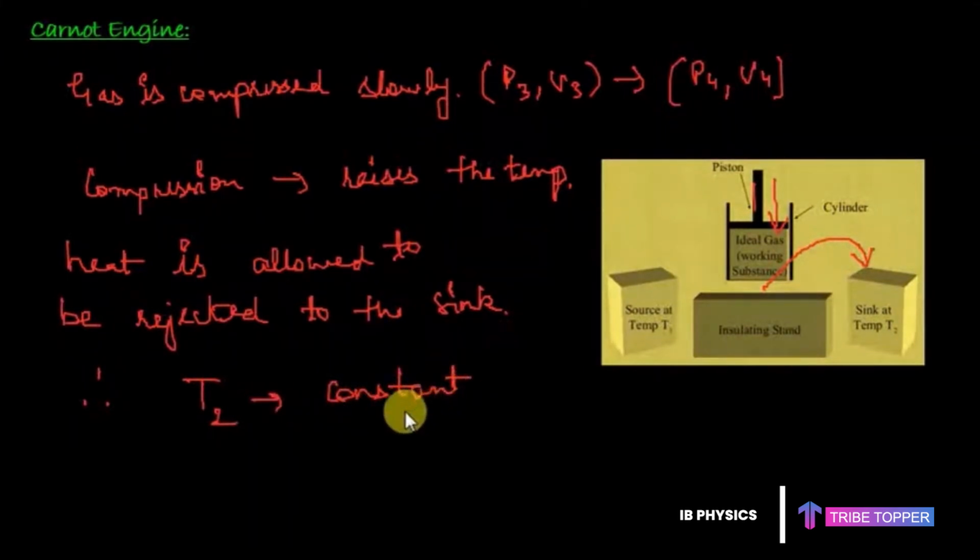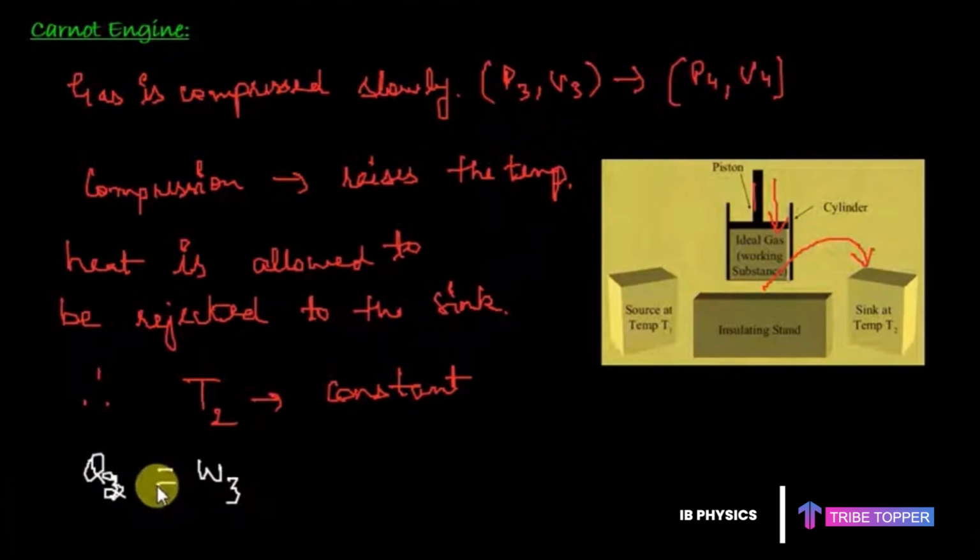So what would be our work done? So work done, which is of course based on the amount of heat energy. If we say this is Q2, the amount of heat rejected to the sink, the amount of work done on the gas is based on that. So whatever amount of work is done on the gas, it is lost as heat to the surroundings.